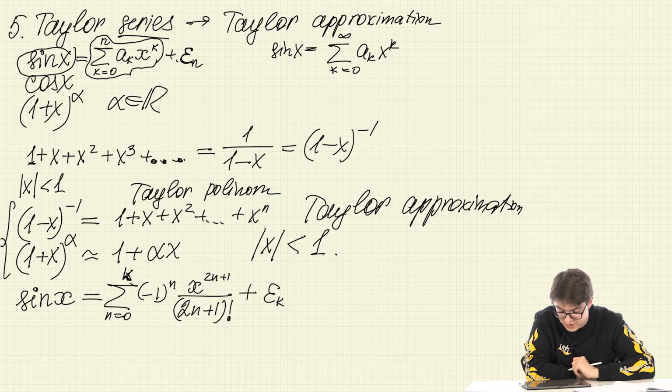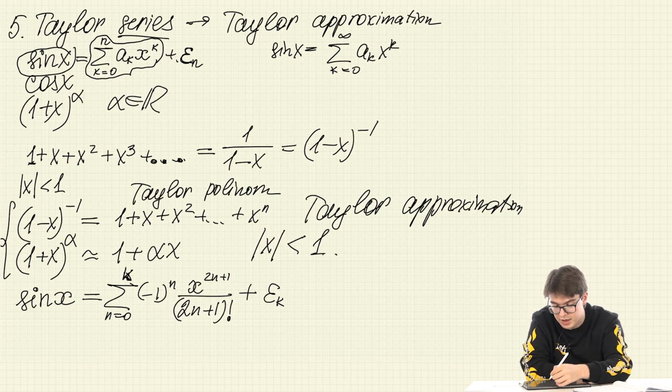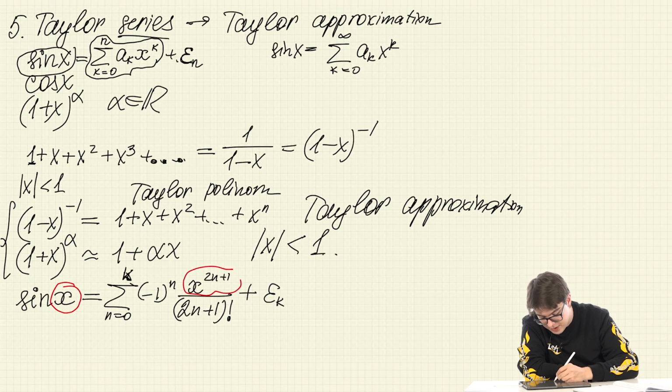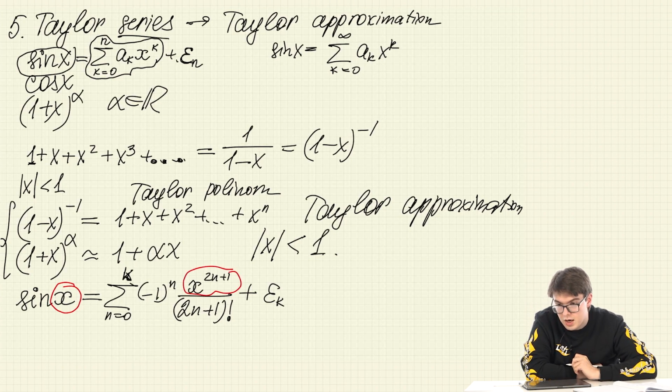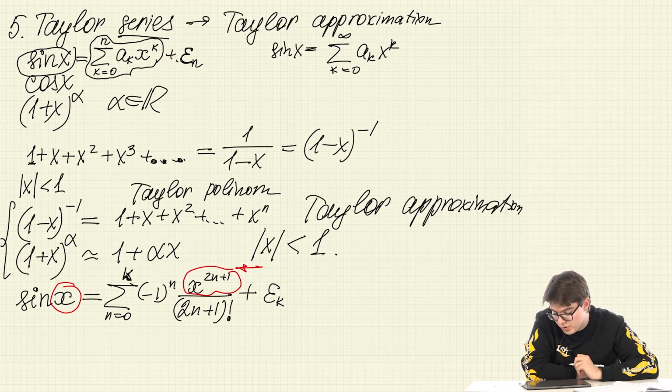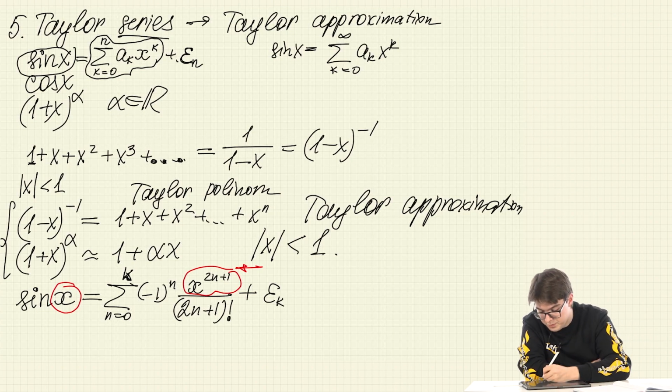So this is the approximation of sine, and you should even watch at this and this power. So you see that only odd powers are taken here, and it is simply understood because sine x is an odd function.